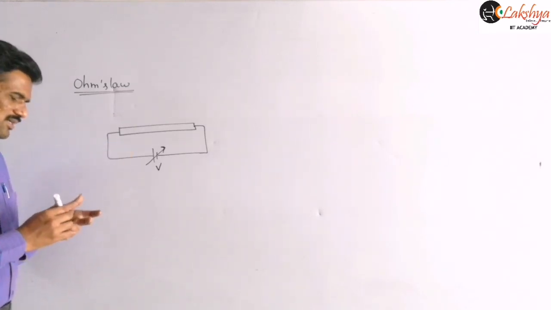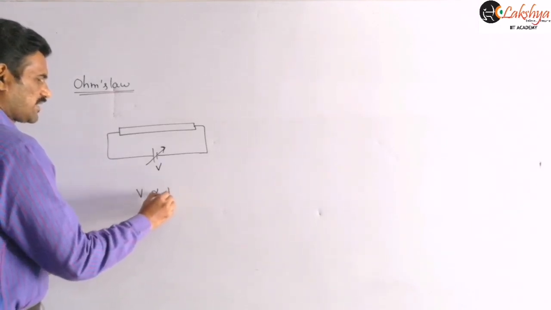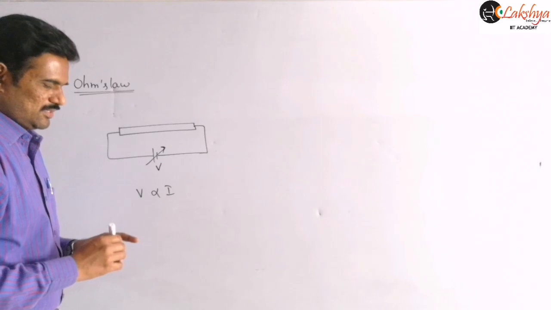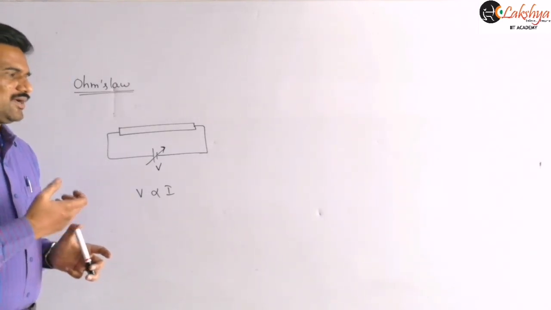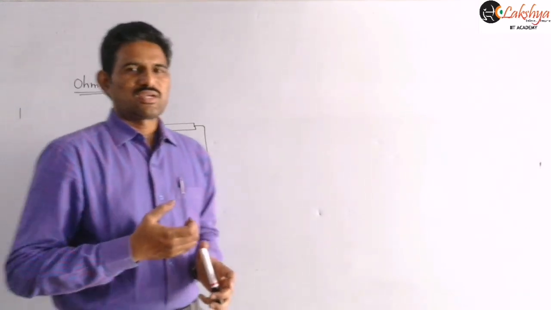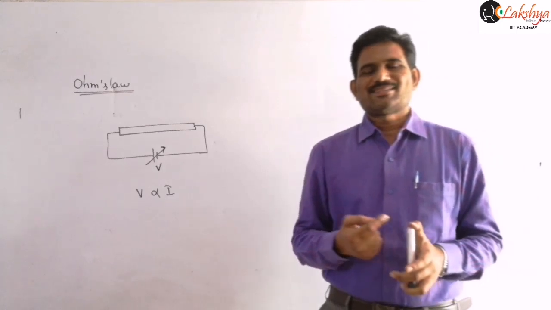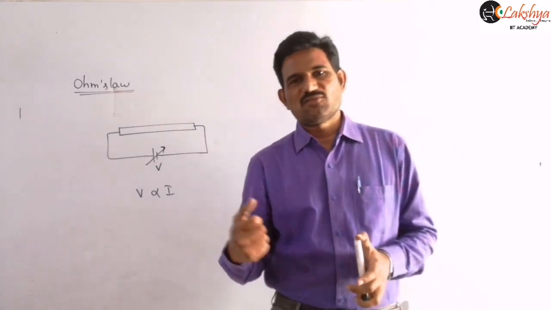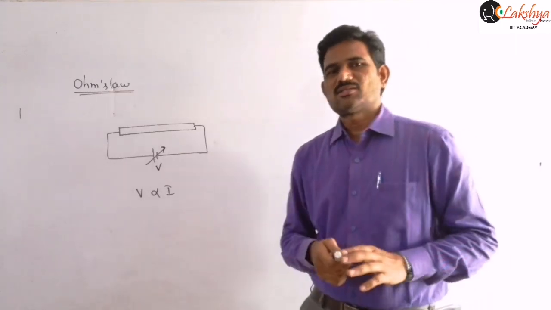If such a relation exists, then we can write V is directly proportional to I. So we can conclude that when the physical conditions of the conductor remain constant, the current flowing through it is directly proportional to the potential difference applied across it. That is what we state as Ohm's law.